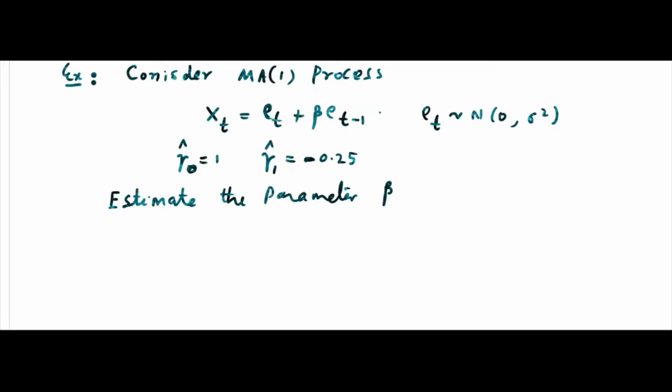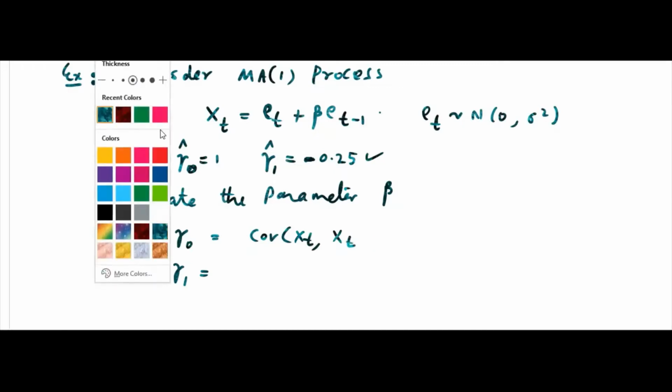How can you estimate beta from the sample? The sample estimated values in this example are the same, because if you have a sample, you can estimate. Now let me write gamma naught here, gamma 1 here. These are the population ones: covariance of xt with xt, and covariance of xt minus 1 with xt.